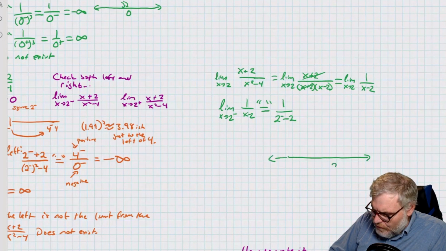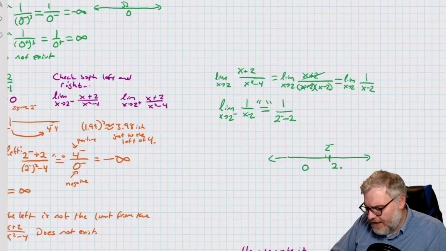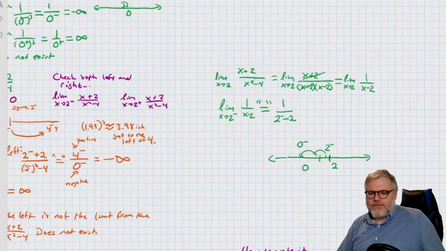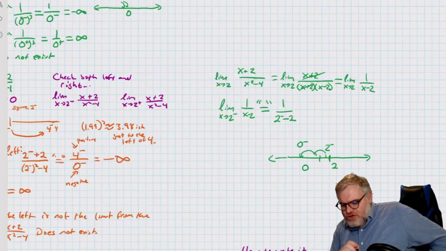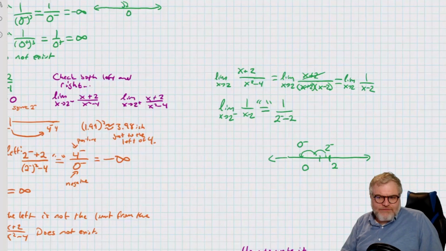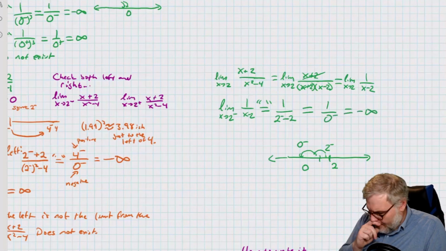Here is 2, here is 0, here is 2 left. That's not 2 to the negative 1. It's 2 left. Now, if I subtract 2 from 2 left, I'm going to wind up at 0 left. I'm going to wind up just to the left of 0 because I'm subtracting 2 whole units from 2 left. So this is going to equal 1 over 0 left, and that's negative infinity.